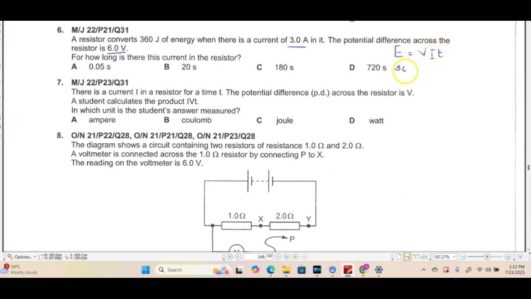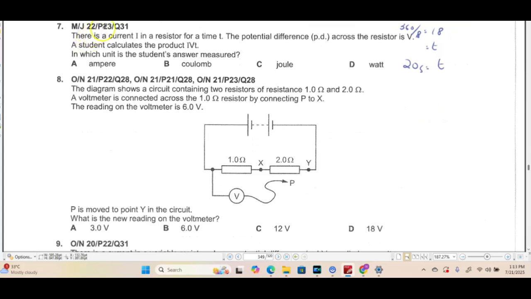Energy is 360, this is 6 volts, I is 3 and T we have to find. So 360 over 18 is equal to T, and the time is going to be 20 seconds. So B is our correct option.